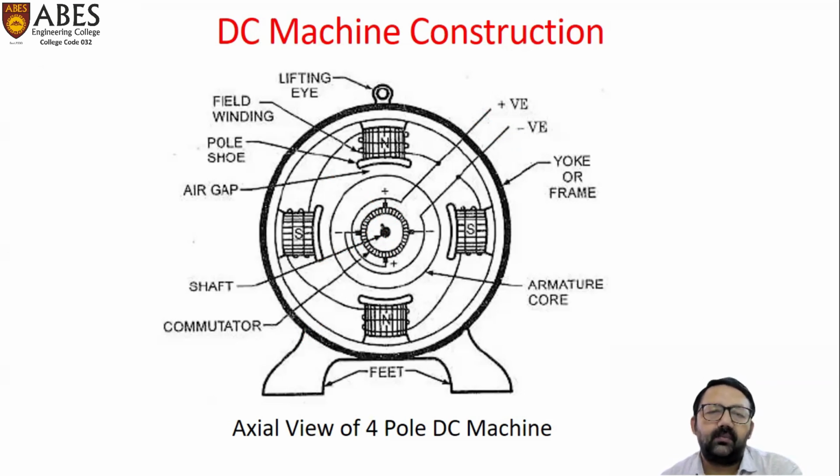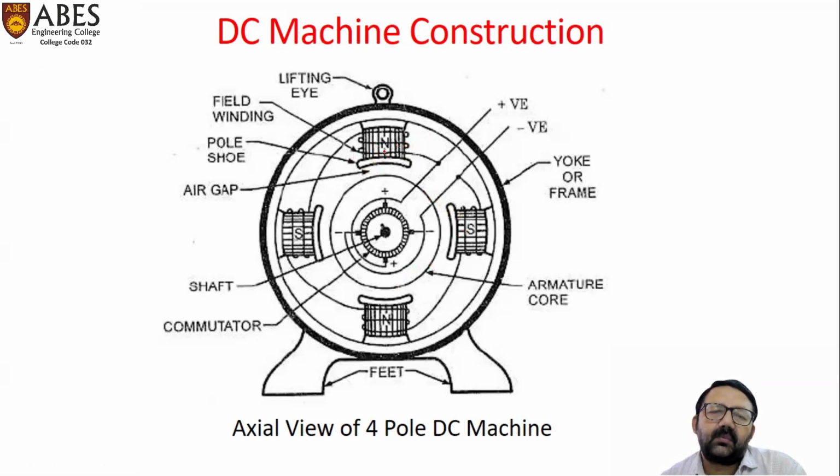So first of all, field poles. The field poles are electromagnets, and the purpose of these field poles is to develop the working flux of the machine. Depending upon the availability of current in the field winding, the field pole gets energized. The field winding is done in such a manner that the field poles attain alternate polarity.